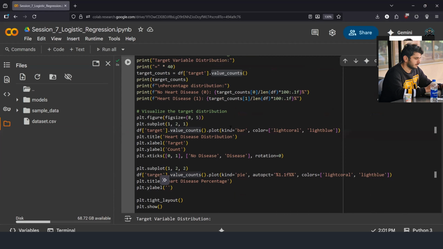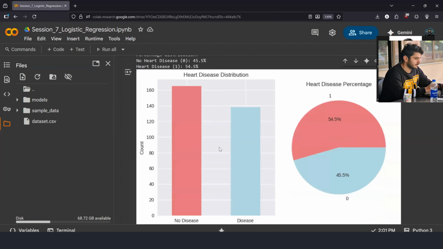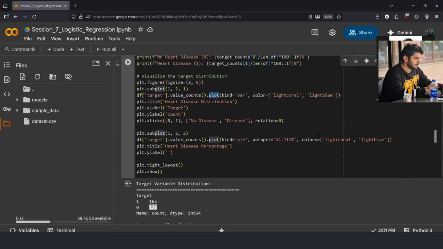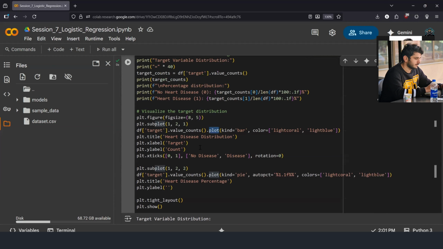After that, we created some different plots here, like a bar plot and a pie plot. Again, we discussed that we can create them from the matplotlib package, and we're using that right now. We discussed the styling here. The new thing is that instead of using the plot function separately, like plt.plot, we are using it directly on our target column.